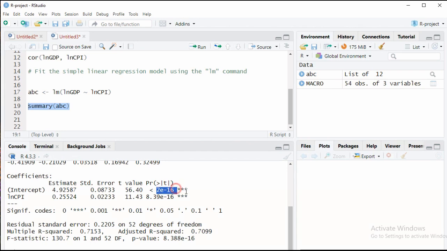Which means 2 times e to the power of minus 16 is almost zero in terms of decimal notation. This intercept represents the value of the dependent variable, that is the natural logarithm of gross domestic product when the value of inflation is zero.